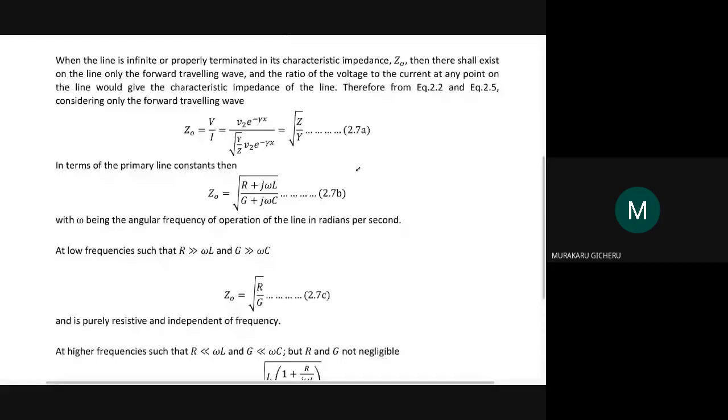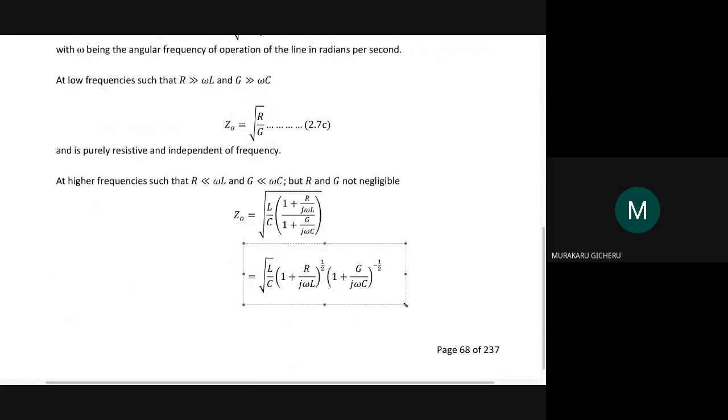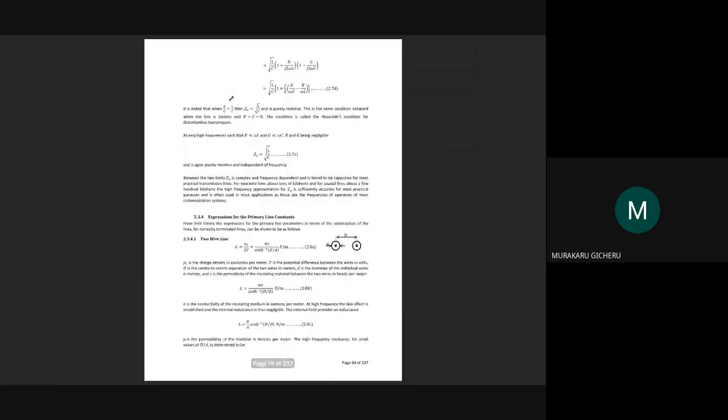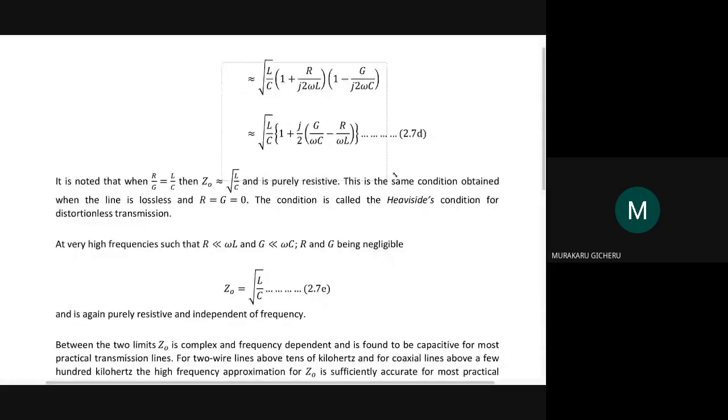Depending on the situation you're in and the variables you have been given, you pick for yourself whether root R over G is the best one to use, whether this will be the best one, or whether you're going to use this, which is equal to the root of L over C.